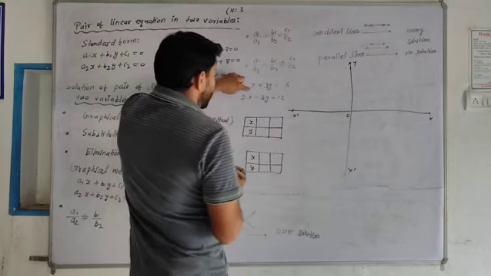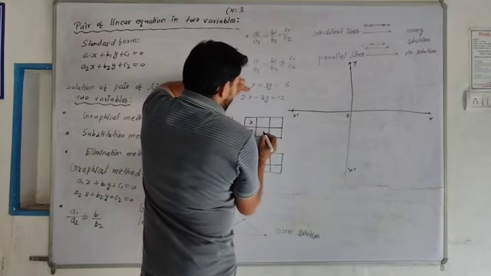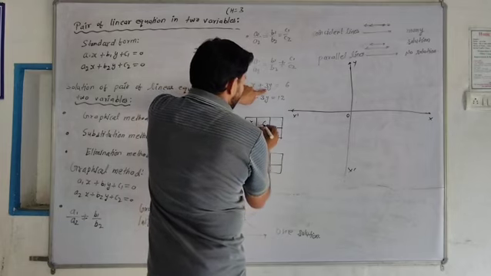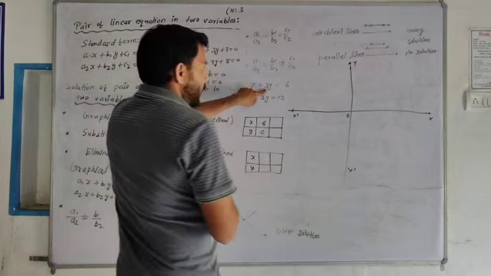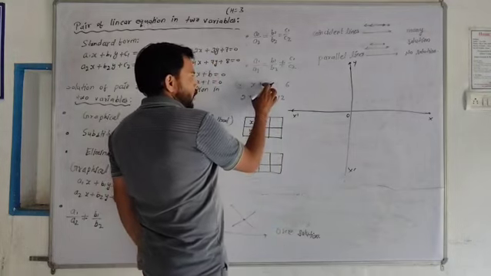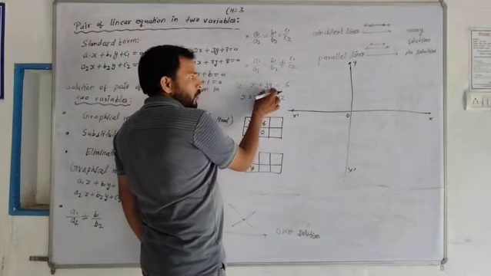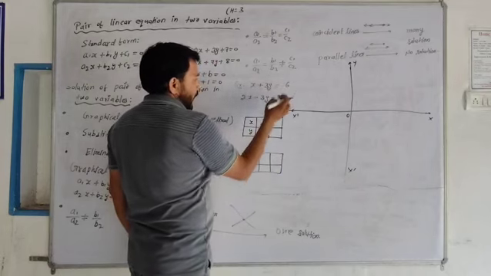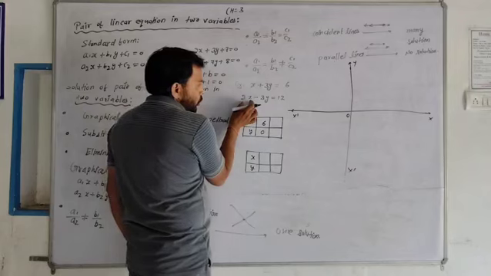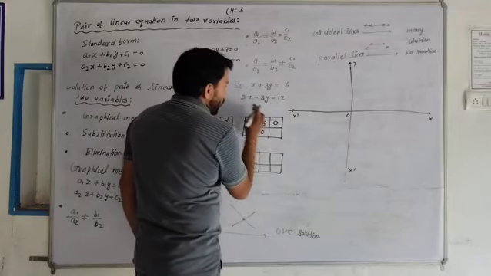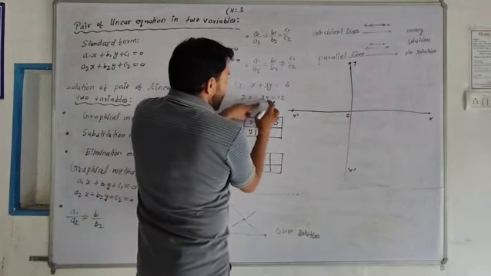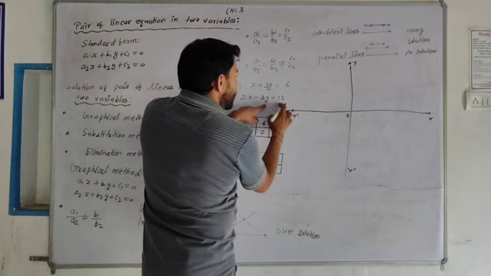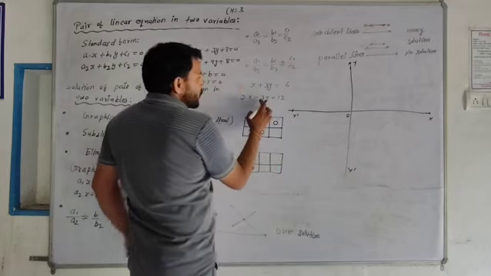If y is equal to 0, we get x is equal to 6. Alright, if we put y = 0, then 3 multiplied by 0, the whole term is 0, then x = 6. Again, we put x = 0, we get 3y = 12, y = 12/3 = 4. Clear?